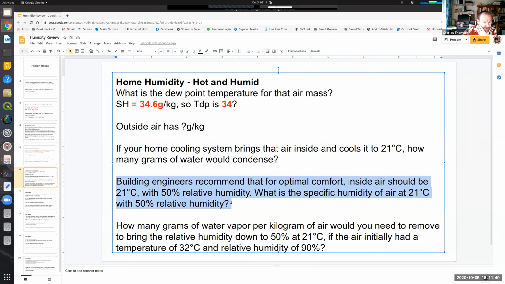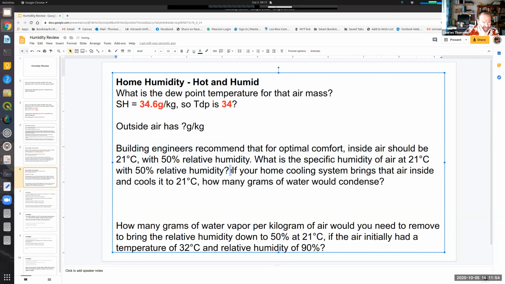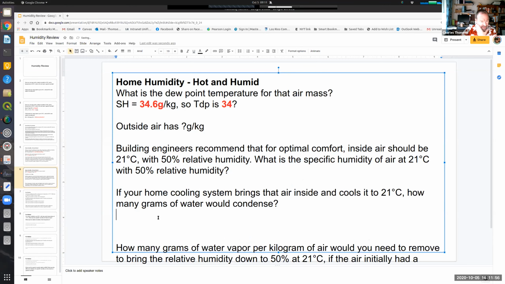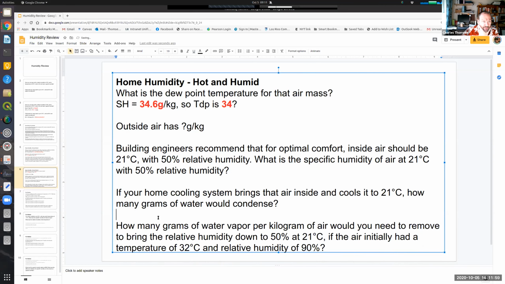So I'm going to reverse the order of those two questions so that we can find the answers in a way that makes sense. We know the outside air has 34.6 grams per kilogram, because we figured that out on the last page. Okay, so for optimal comfort, inside air should be 21 Celsius with 50% relative humidity. So what is the specific humidity of air at 21 Celsius with 50% relative humidity?